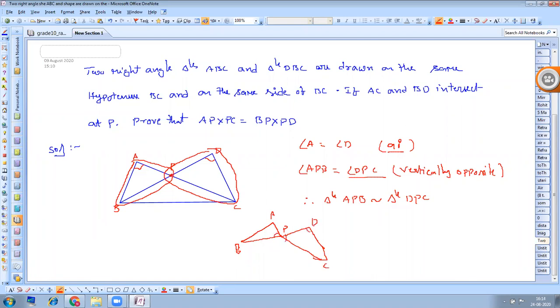These two angles are proved. With respect to these triangles, how can I take the ratios? Opposite to the right angle in APB is BP, and in DPC the hypotenuse is PC. So BP by PC. Opposite to this angle is AB, opposite to this angle is CD, and the remaining angle gives AP by PD.